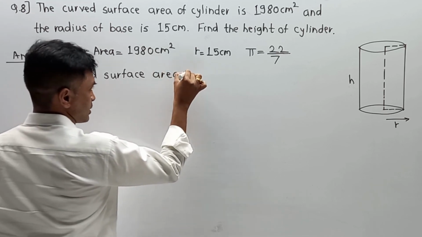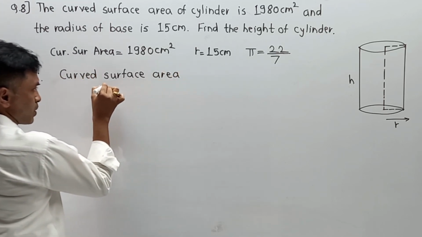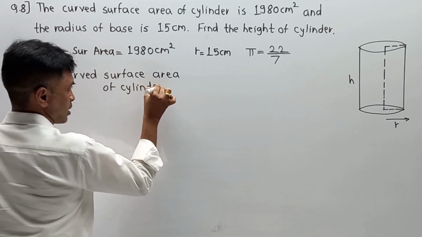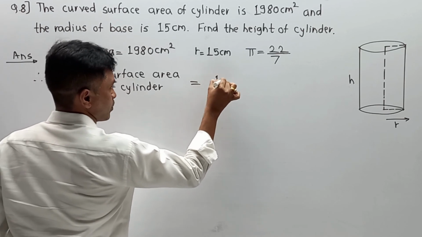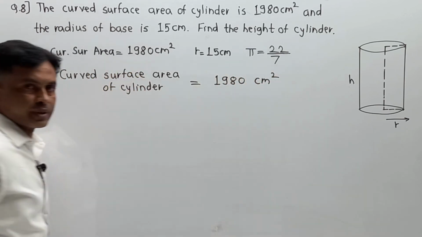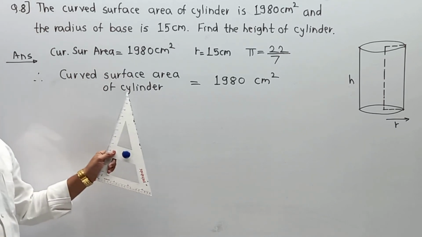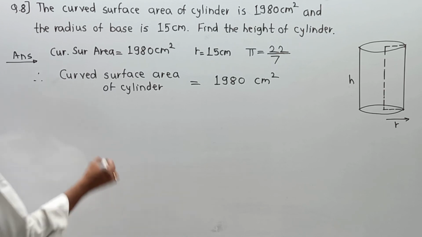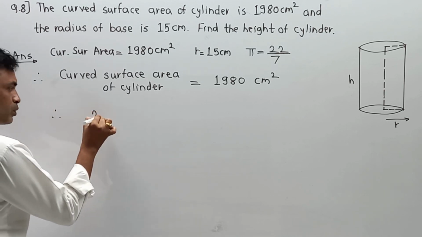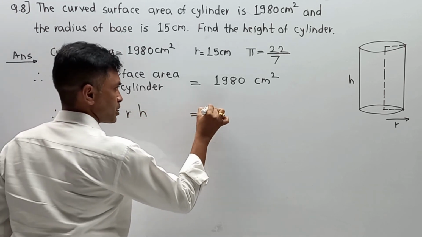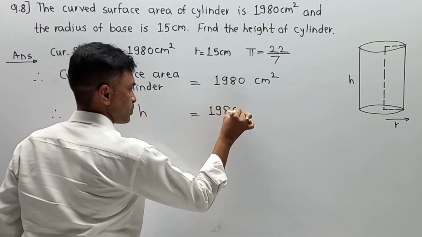According to the formula, we know that the curved surface area of a cylinder is 2 pi r h. So I am writing 2 pi r h is equal to 1980.